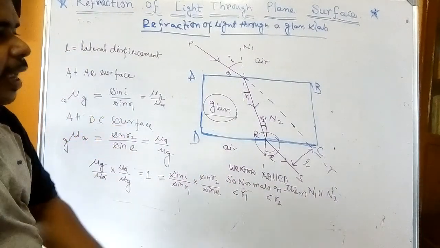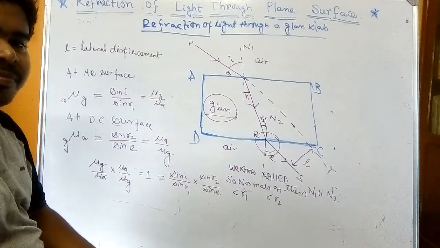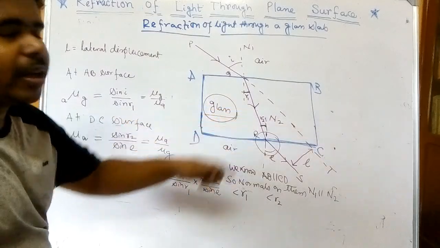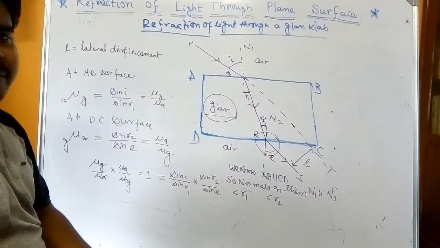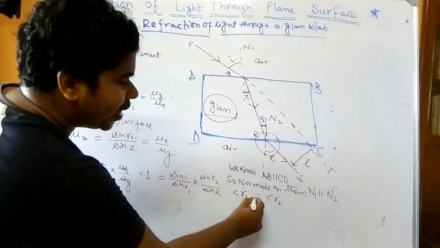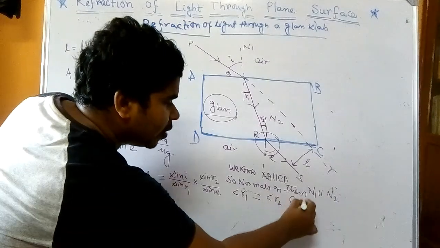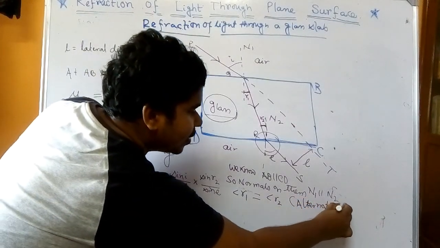What type of angle are R1 and R2? These are alternate angles, right? So R1 equals R2 because they are alternate angles.